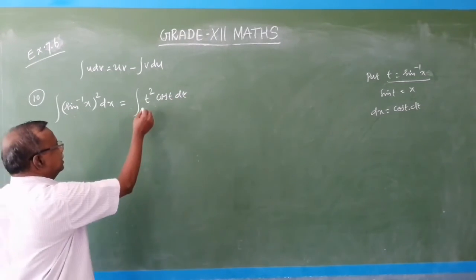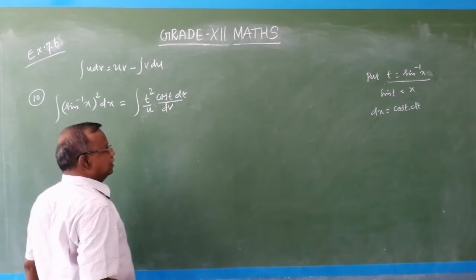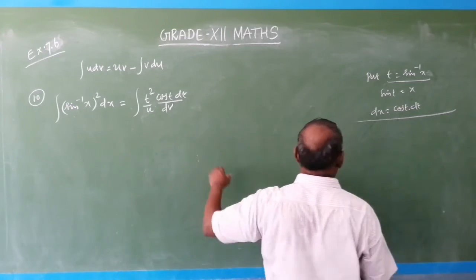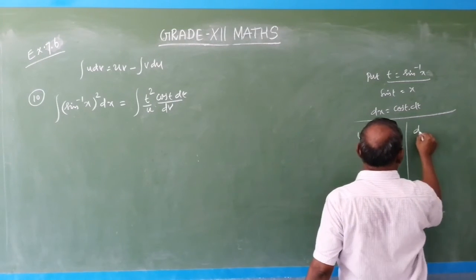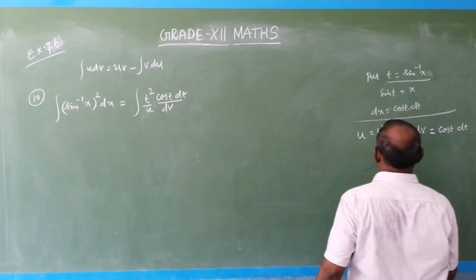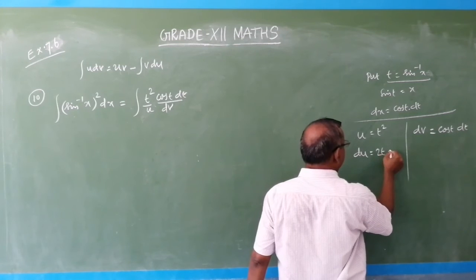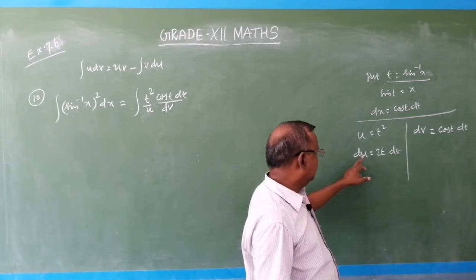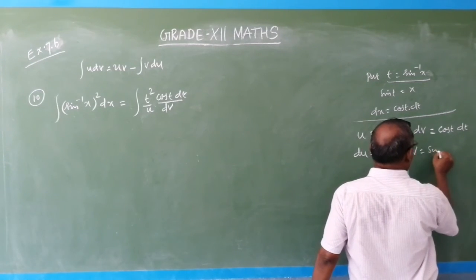Now, take this function as u and this as dv. Again we have to integrate by parts. So, u equal to t square, dv equal to cos t into dt. Differentiating, du equal to 2t into dt, so du by dt equal to 2t. Integrating dv, we have v equal to sin t.